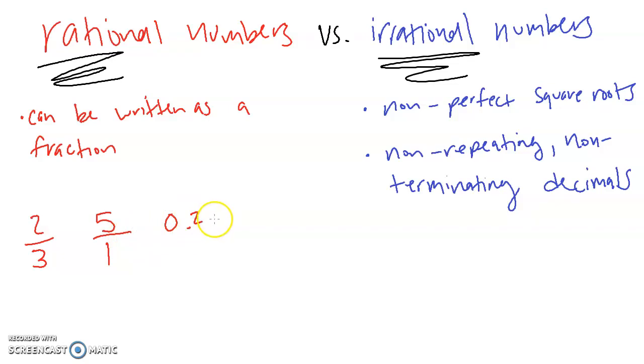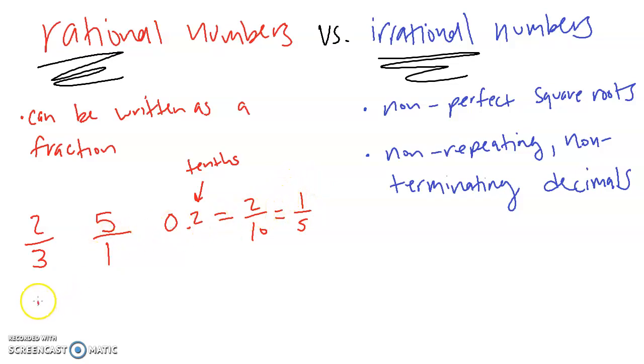What about a number like 0.2? Well, 0.2 is the same thing as 2/10 because this is in the tenths place value. So that means that this is the same thing as 2 over 10, which is the same thing as 1 over 5, which means it is rational.